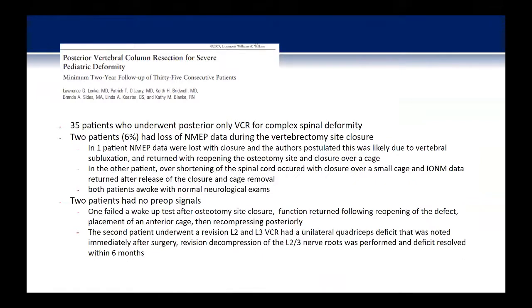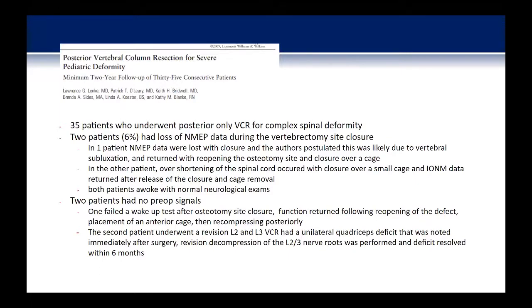So that was 2 patients out of their group, and in one of those patients, the data was lost with closure of the vertebrectomy site. They postulated that this was due to vertebral subluxation, and it returned after a reopening of the osteotomy site and then closure of that site over a cage.